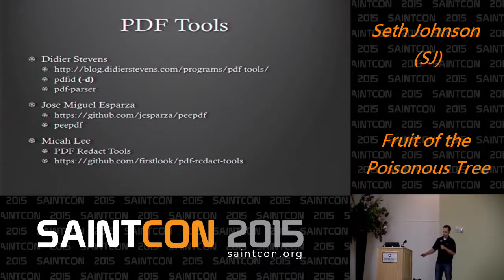Also, the PDF ID tool has a -d option, which I highlighted here. That removes the JavaScript and open action features of the document and gives you a new PDF document without those. Just removing those things basically removes most of the possibility of vulnerability in that document.